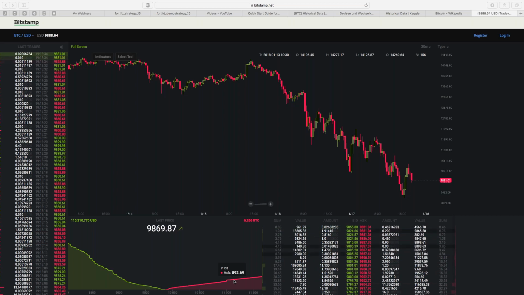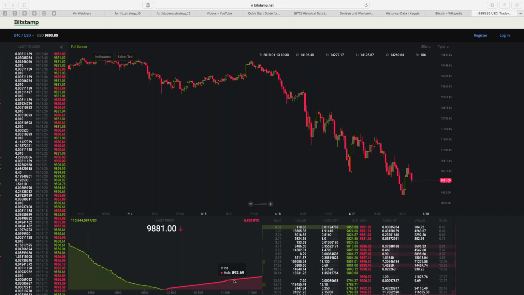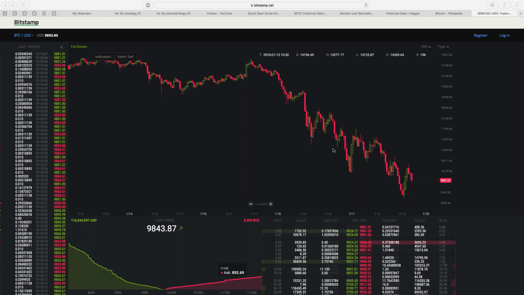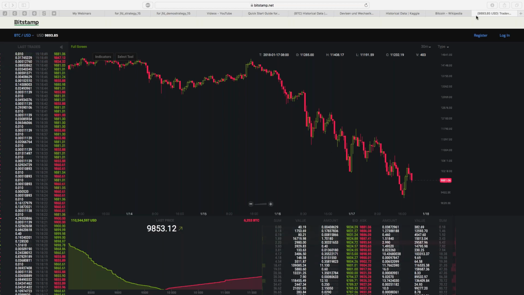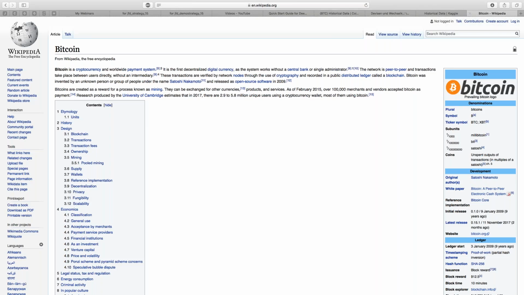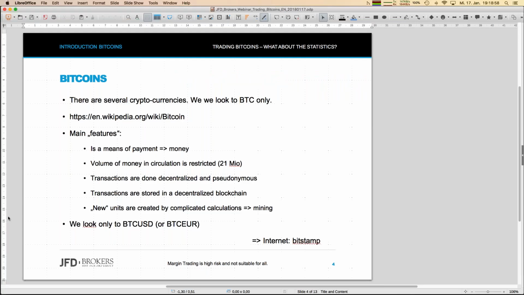Order books are normally not what we use in our own trading activities. We don't have access to order books, but in this case, you have a real insight into the order books of Bitcoins on that web page. By the way, that web page is really a computer killer, so I close it now because it takes a lot of the computer's resources. But that was the price.